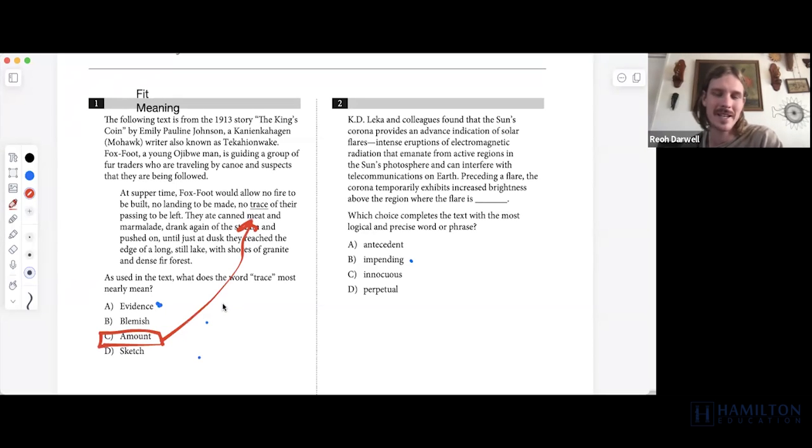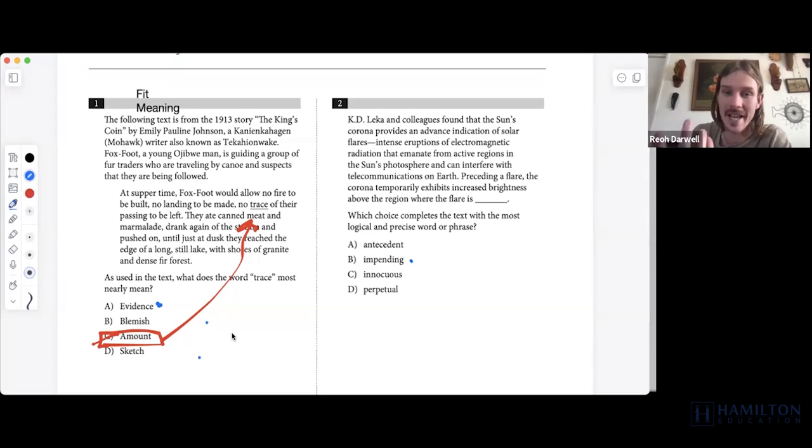You could make the claim that amount kind of could fit in the context of this. But does amount mean trace in the way trace is working in the context of this sentence? No, right? So it doesn't fit both of these parameters, even if the word kind of sounds like it could work here.